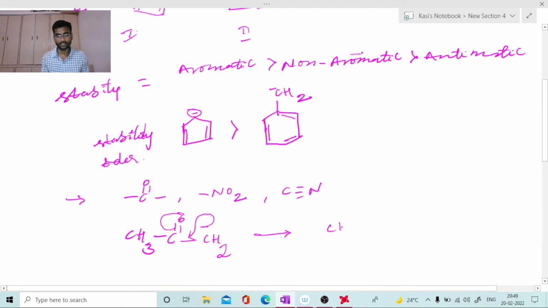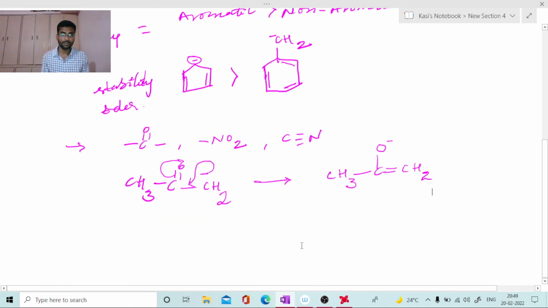So what will happen? The result is CH3 CO minus and here double bond CH2, right? Which one is the most stable here? Do you know? Here the negative charge is present on the carbon, and here the negative charge is present on the oxygen.